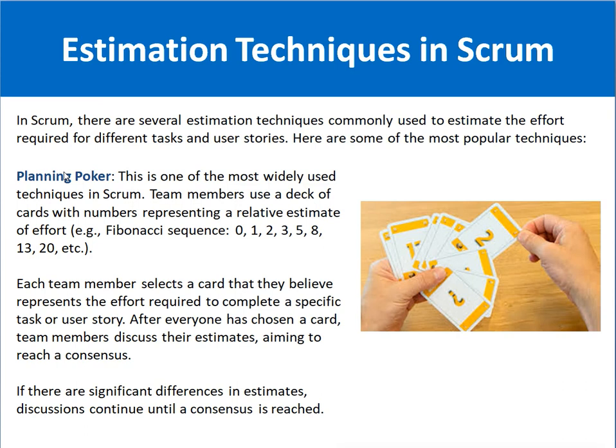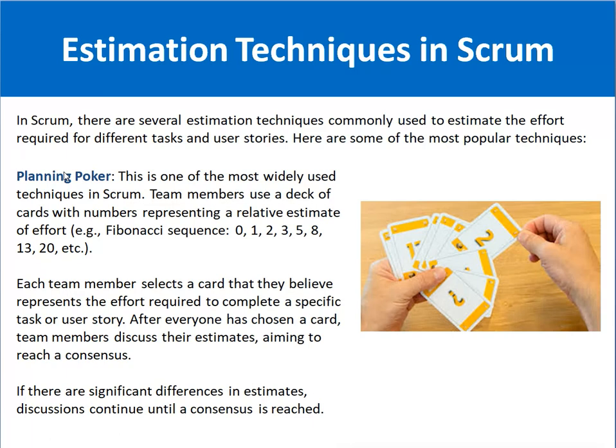So these are the relative estimates of effort. Relative means, try to understand here, for example story 1 was 2 points, and story 3, because it's more difficult, will have 3 points. Story 4 is more complex, so it will have 5 points. The next story is more complex, so it will have 8 points.